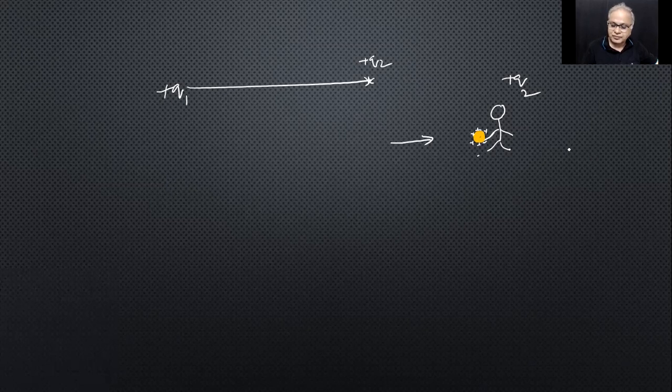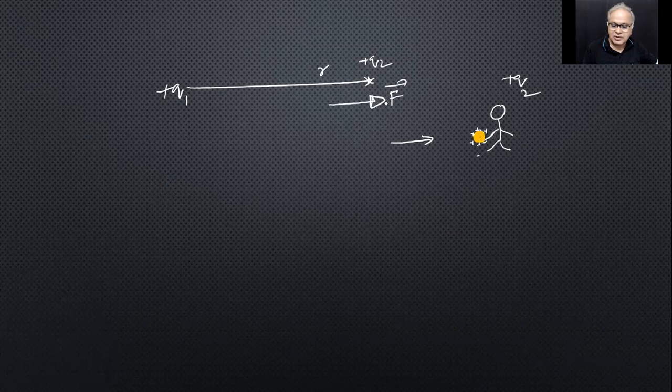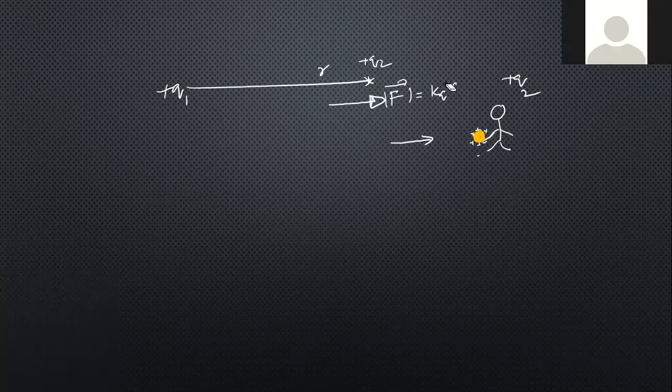Now, how to do that? Look, force on this will be in what direction? Anybody? As you bring it at a distance r, in general, F equals what? Mod F equals K Q1 Q2 by R square, right? Yes, sir.